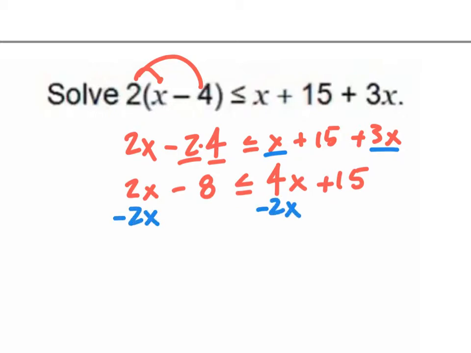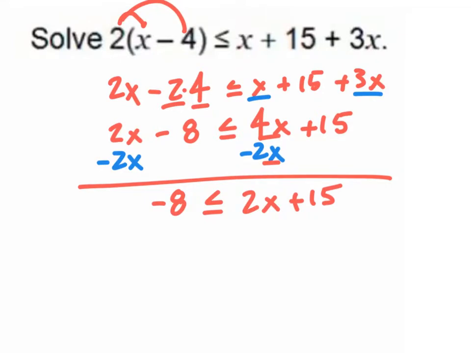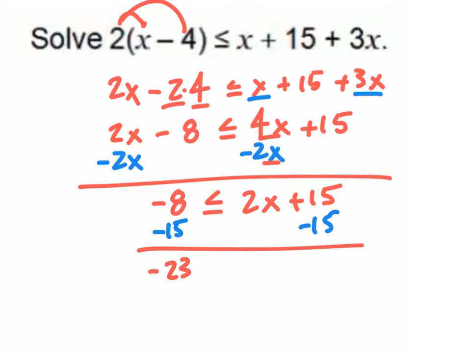And as a result, I'm going to get negative 8 is less than or equal to 4x minus 2x, which gives me 2x plus 15. Now, I'm going to move the 15 over, so I'm going to subtract 15 from both sides. And that's going to give me negative 23, and that's less than or equal to 2x.